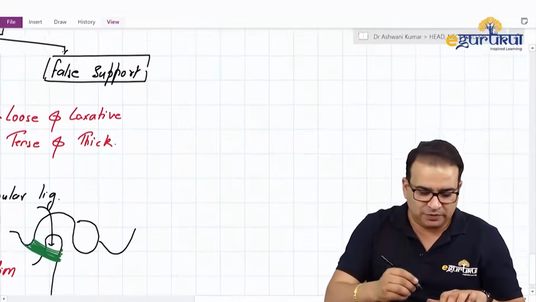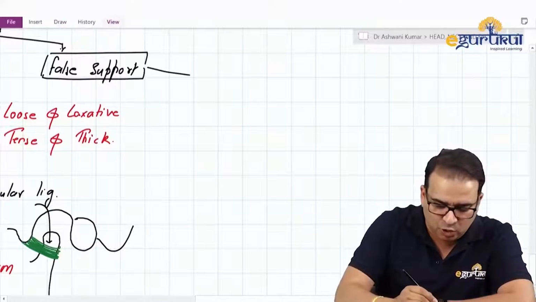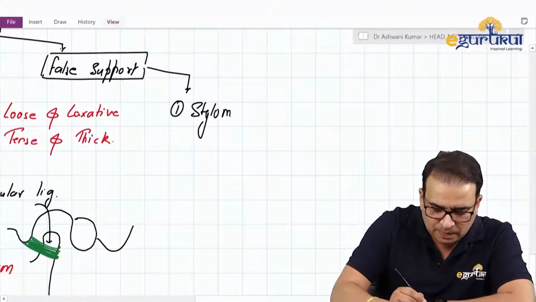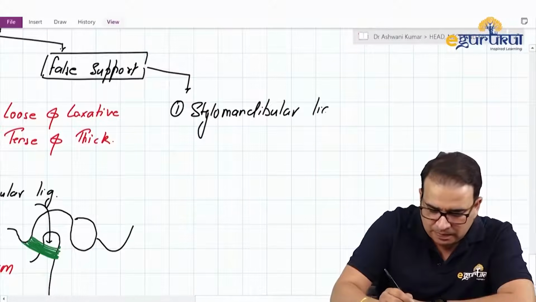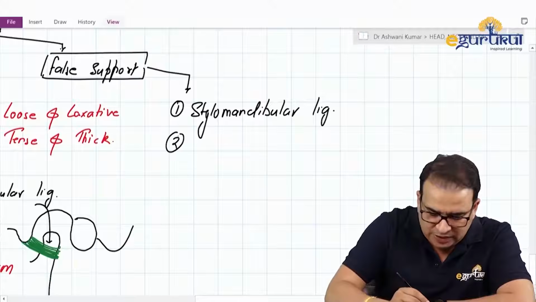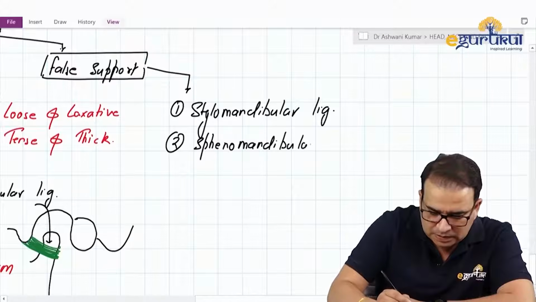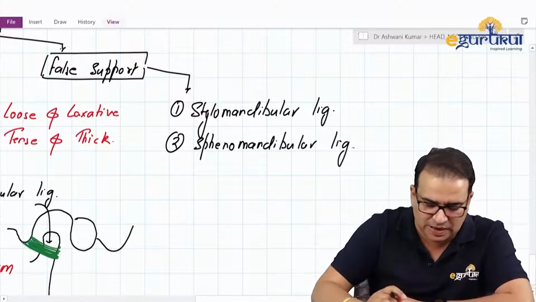The two ligaments forming the false support are the stylomandibular ligament and the sphenomandibular ligament.